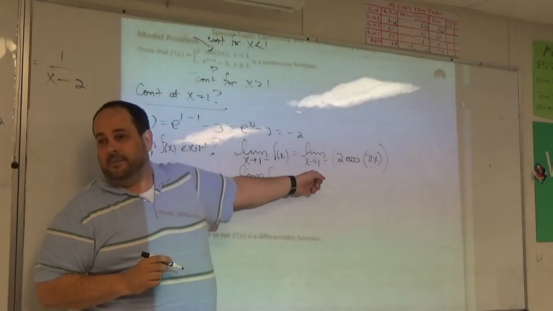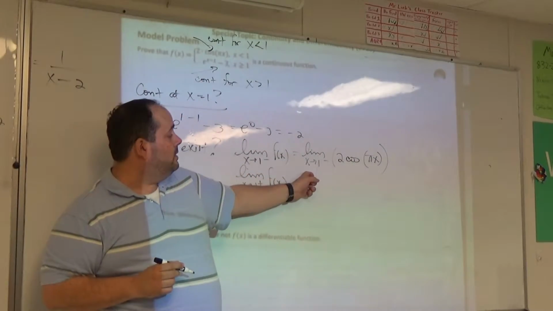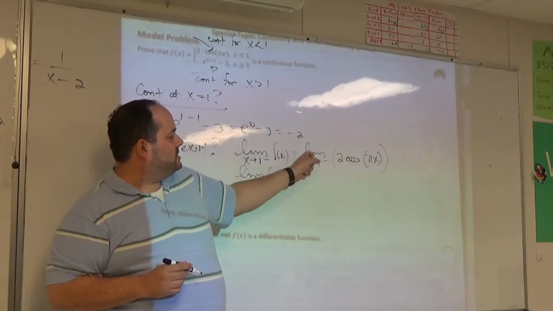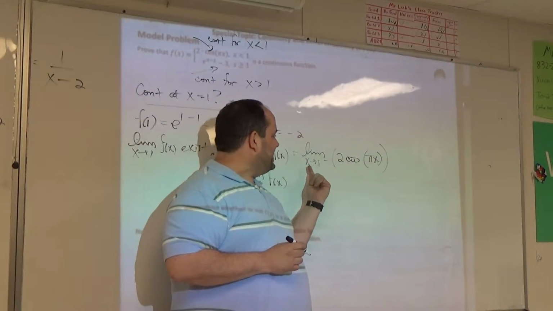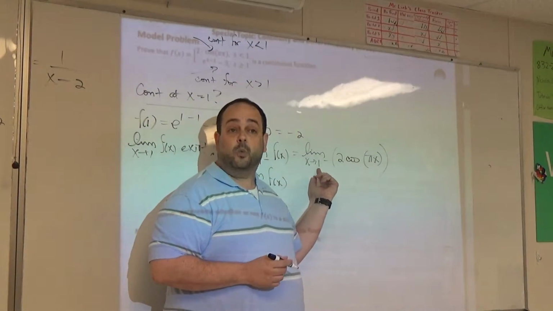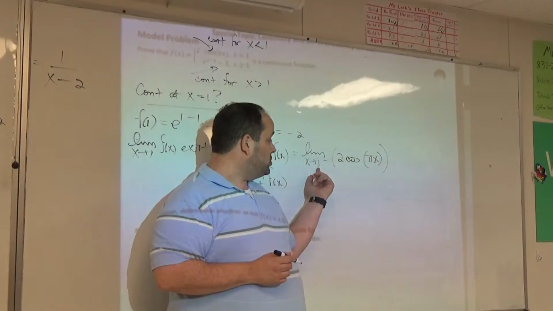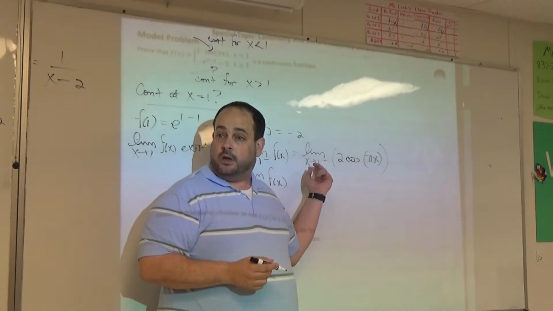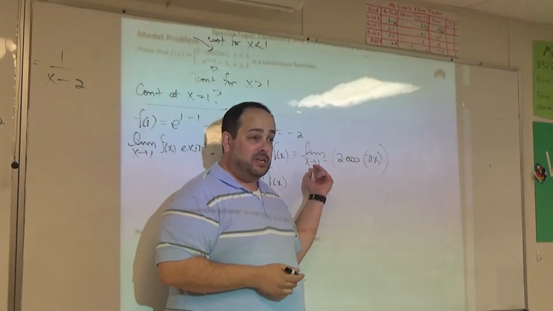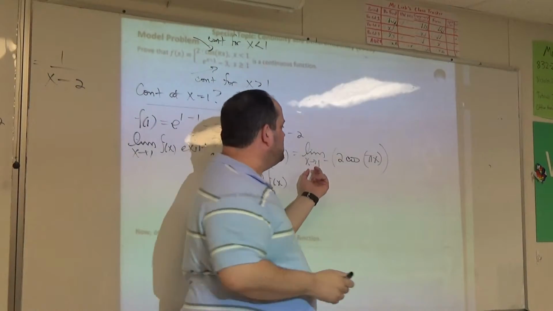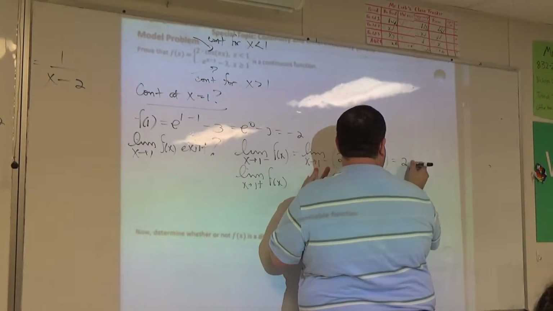Now it's been a while and maybe we're going to get a little tripped up here. All you need to ask yourself is what happens as x gets close to 1? How close? Super close. So close you can't tell the difference anymore. So close that we're just going to try plugging in.